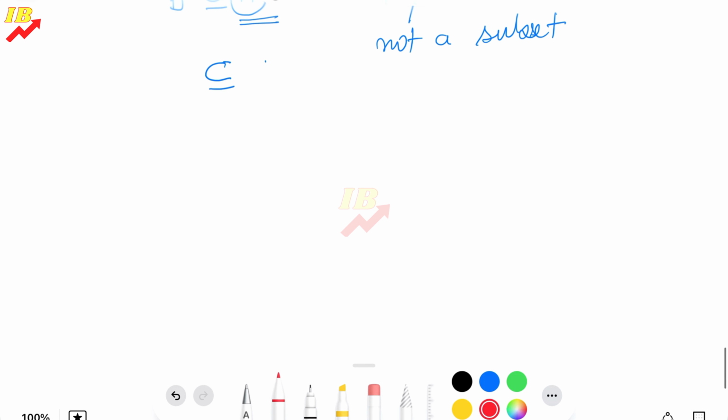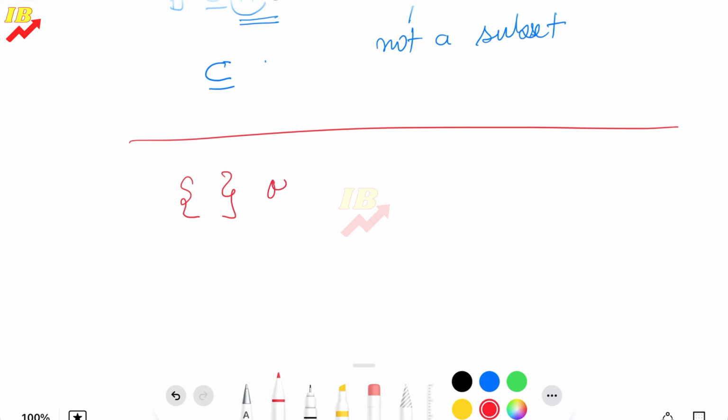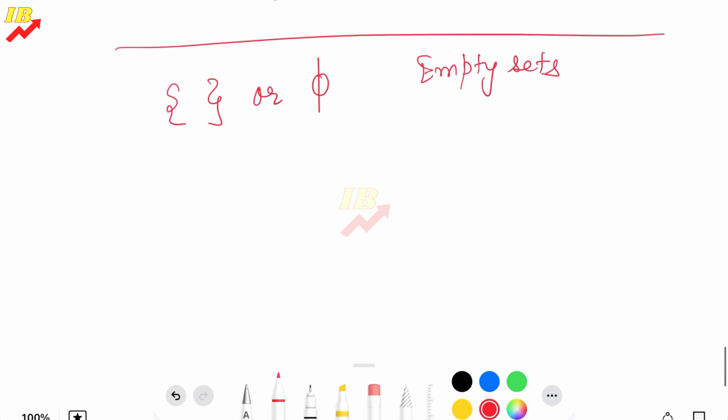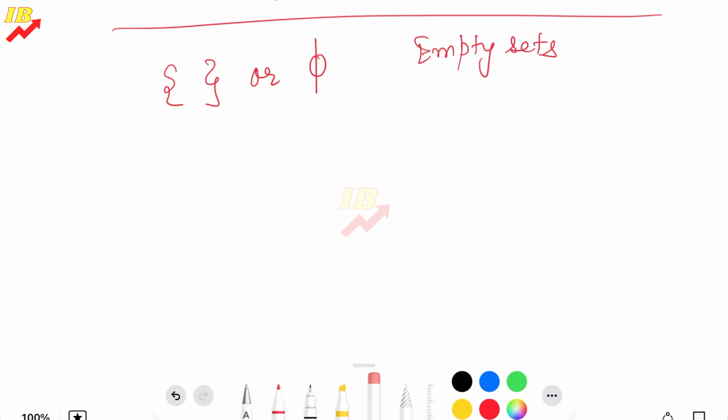Next is, if I am drawing anything like this, or if I'm writing this, this denotes the empty set. Basically, when there is no matching element or none of the elements is there in the set, then we call this thing the empty set.